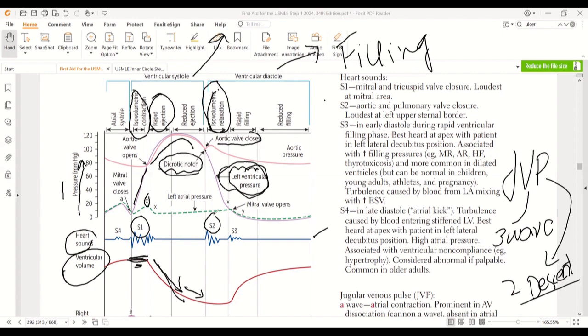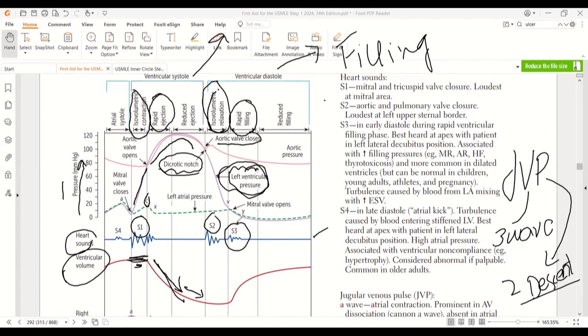Now moving toward the rapid filling. Rapid filling means rapid filling of the ventricle, right? The rapid filling of the ventricle produces another sound, which is known as S3, right?